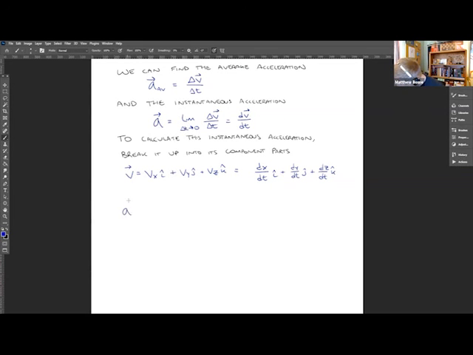So the acceleration is the derivative of the x velocity with respect to time. This is in the horizontal direction. It's the derivative of the vertical velocity in the vertical direction.